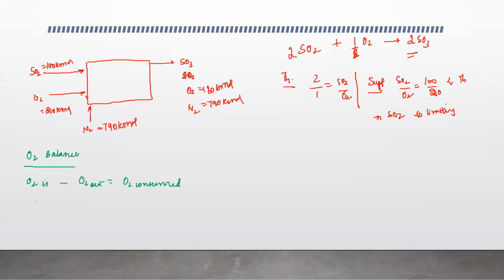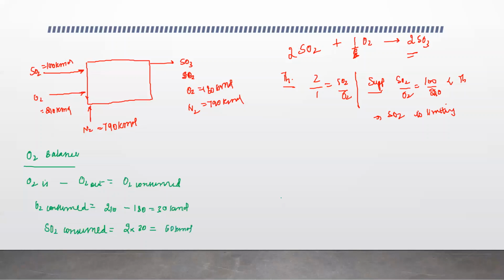So oxygen in is 210 and oxygen out is 180. Therefore, this is 30 kilomole. Right. Now, this implies SO2 consumed is going to be 2 times 30, right? Because for 1 mole of oxygen, 2 moles of SO2 react. So 30 kilomoles of oxygen means 2 into 30 kilomoles of SO2 would be reacting. So that would be 60 kilomoles.